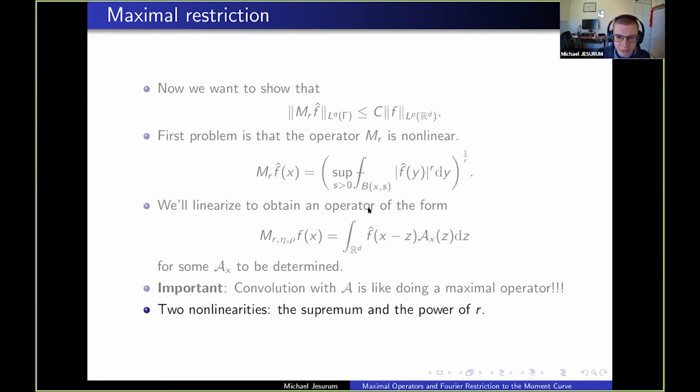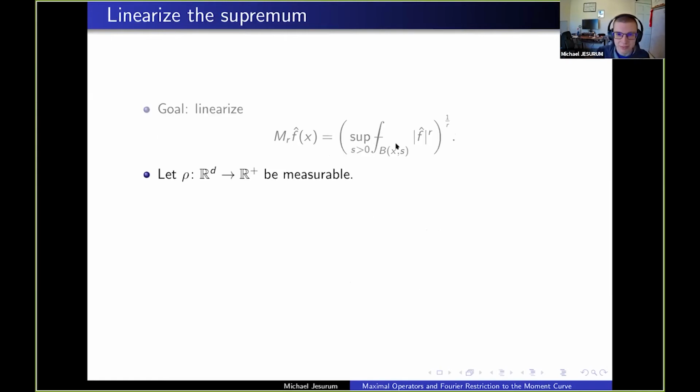All right, so let's see how we get this sort of form. We have to take care of the supremum and the power of R. The supremum, we can start by taking rho, mapping R^d to R plus, measurable. That'll tell us basically for each x an optimal or near optimal S to take. So we're looking at the radius that we want for each x.